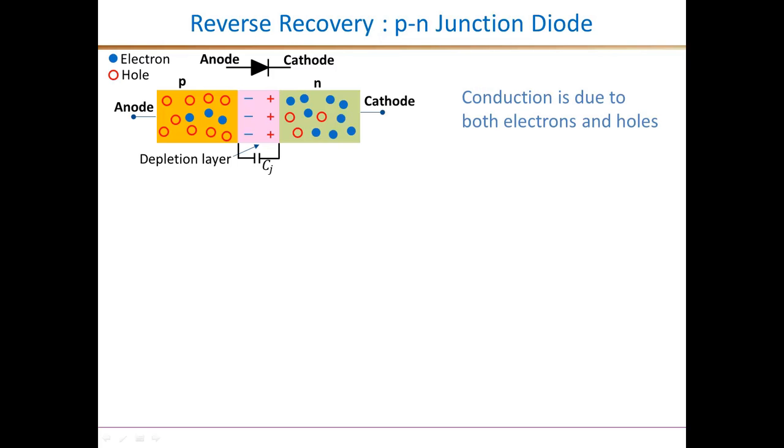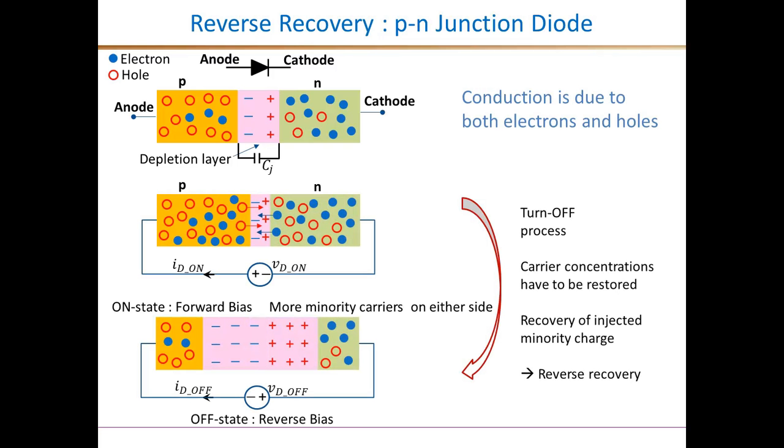The presence of these charged ionized atoms, positive on this side and negative here, creates an electric field and therefore a potential with a positive voltage on the n side and negative on the p side. And this voltage prevents in equilibrium further diffusion of electrons and holes across the junction.